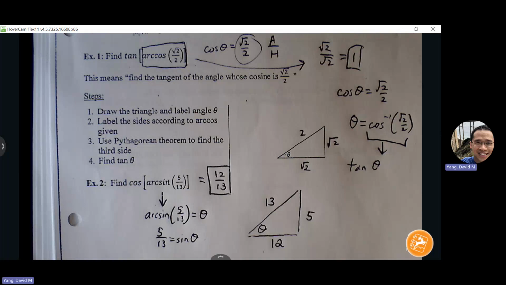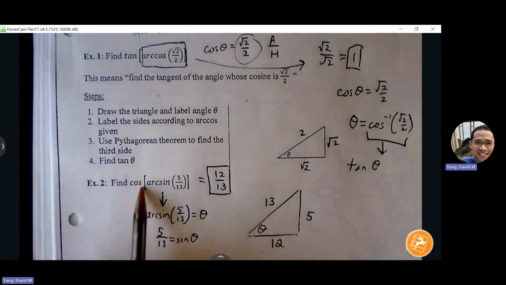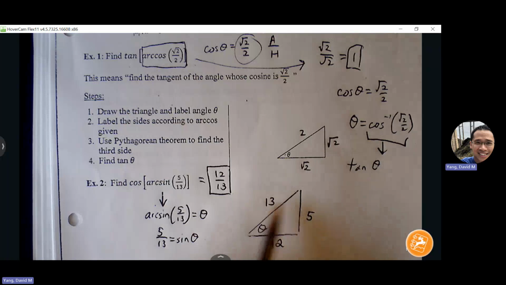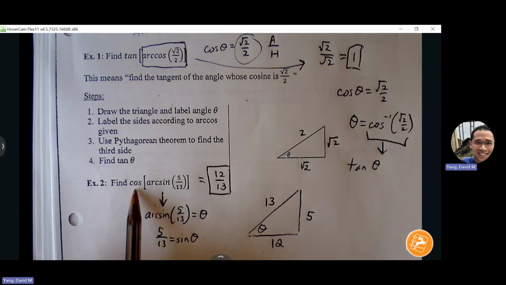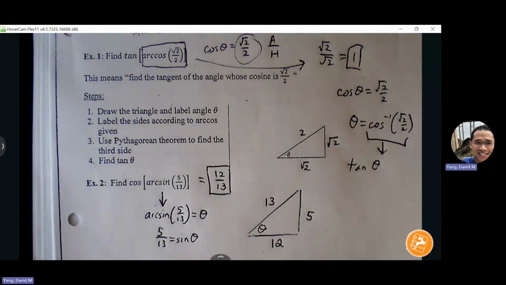So it's like a two-step problem. This inside will help us figure out the dimensions or the information about the triangle. That way we can get more detail about the cosine theta. So you never have an actual value for theta, though. Right, we don't need it.